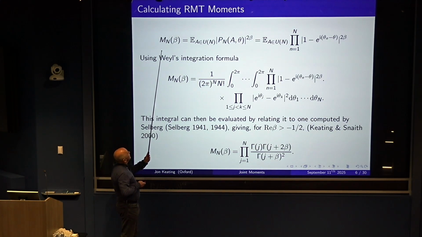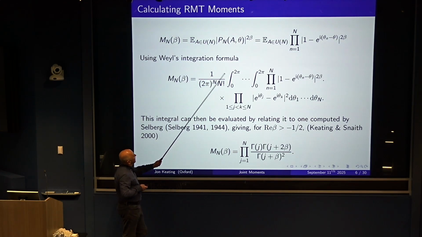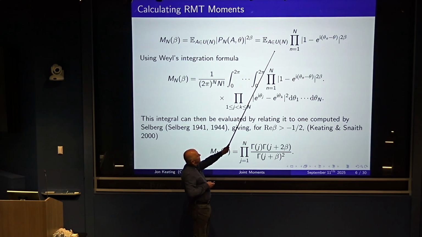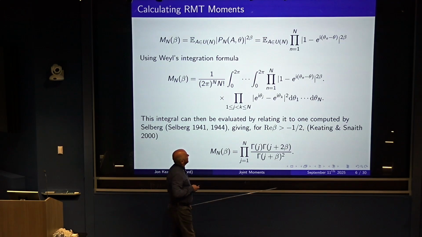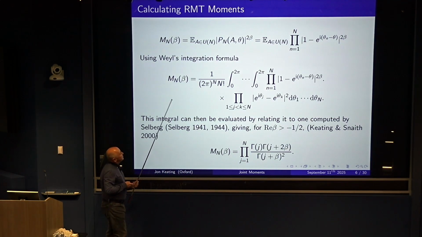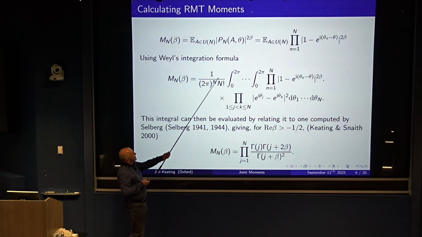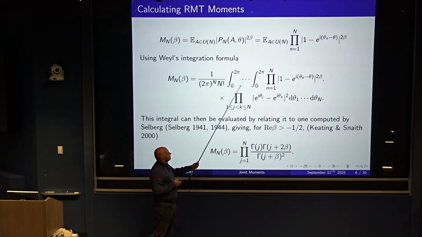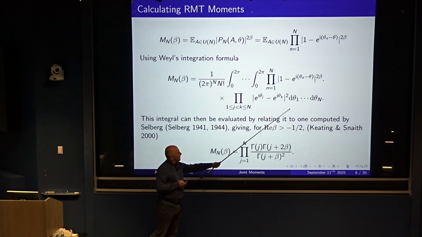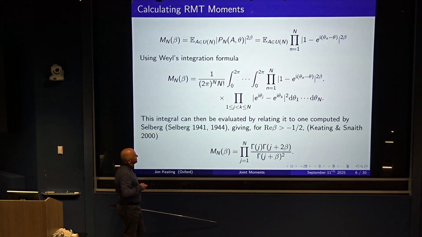Anyway, I've got the moments of the characteristic polynomial. There they are, written again. These are just the expectation value of this product of eigenvalues. Then you can compute the average over the unitary group using the Weyl integration formula. So you can write the moments as integrals with respect to all of the eigenvalues, theta 1 to theta n.